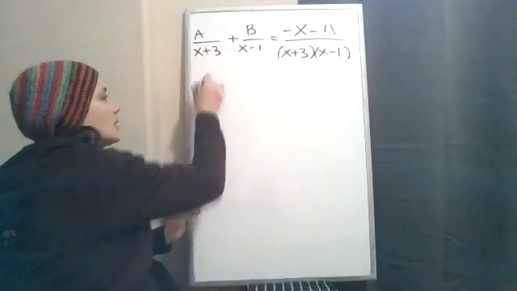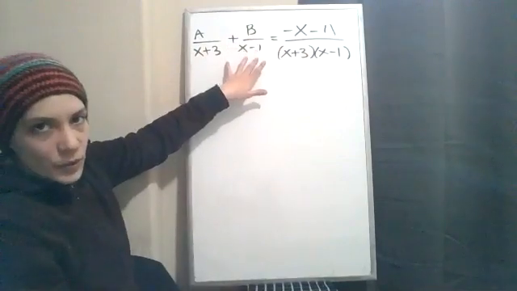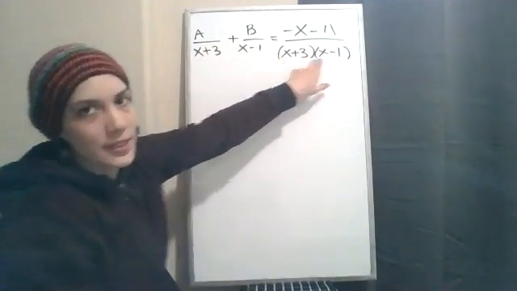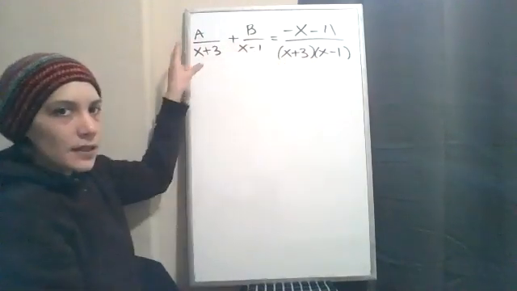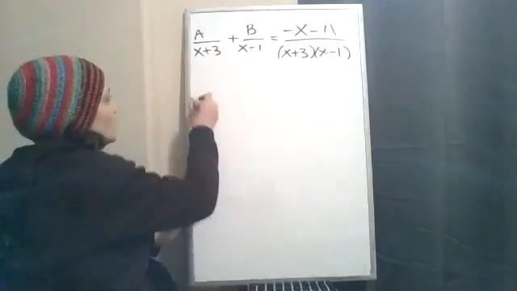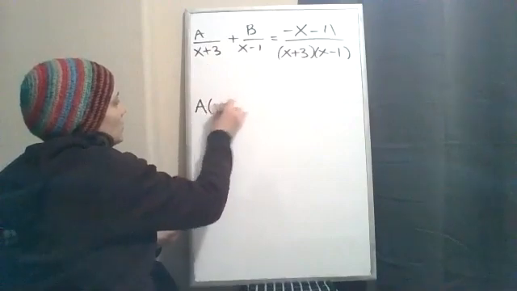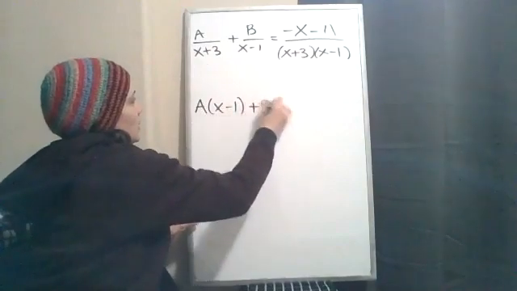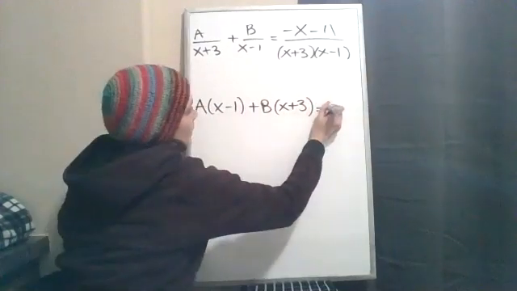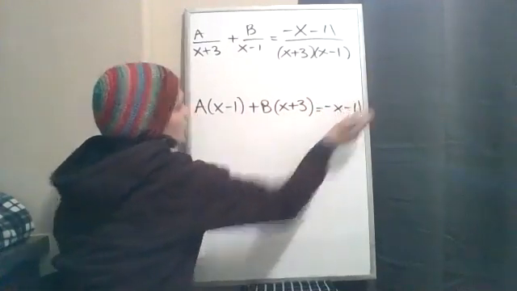So let's multiply both sides by that LCD, x plus 3 times x minus 1, to get a times x minus 1 plus b times x plus 3 equal to negative x minus 11.